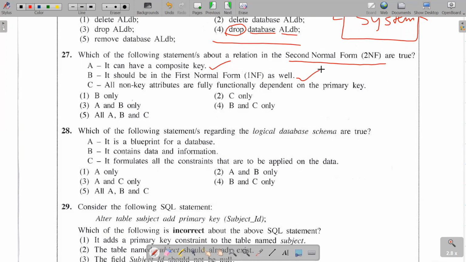All non-key attributes are fully functionally dependent on the primary key. Yes, that is the main aspect of 2NF. So everything is correct. Should be the third one. Fifth one is the answer. So all three statements are correct. Got it?